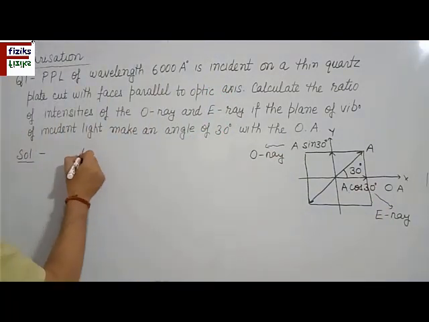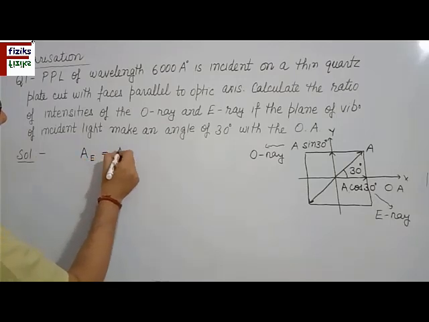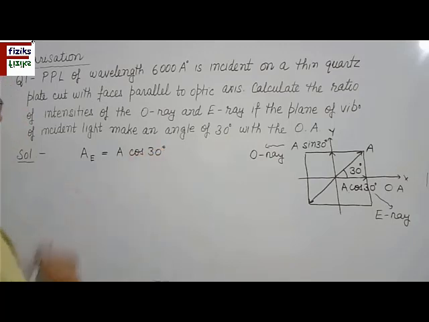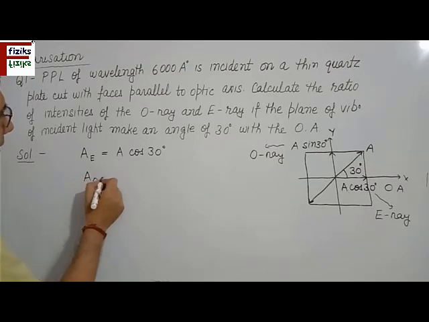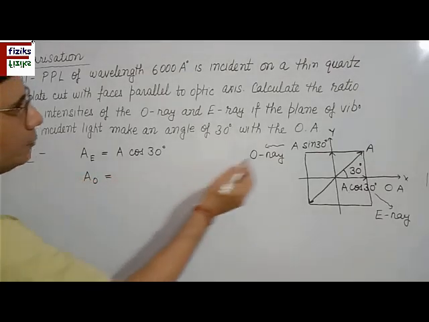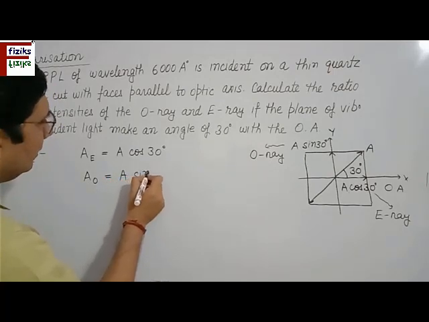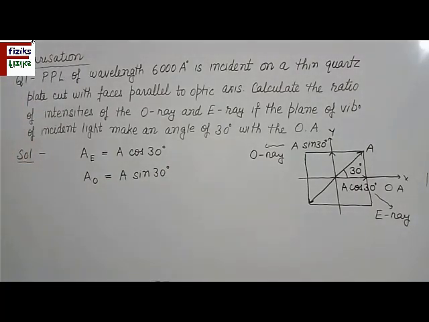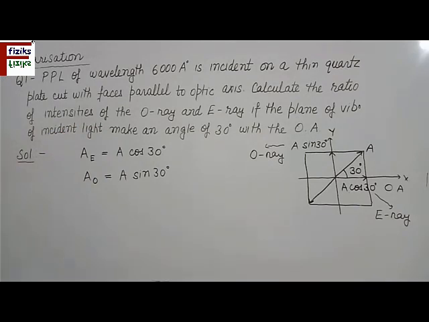So I can write amplitude of E ray is equal to A cos 30 degree, and amplitude of O ray will be equal to A sin 30 degree. Now we have to calculate the ratio of intensities of O ray and E ray.